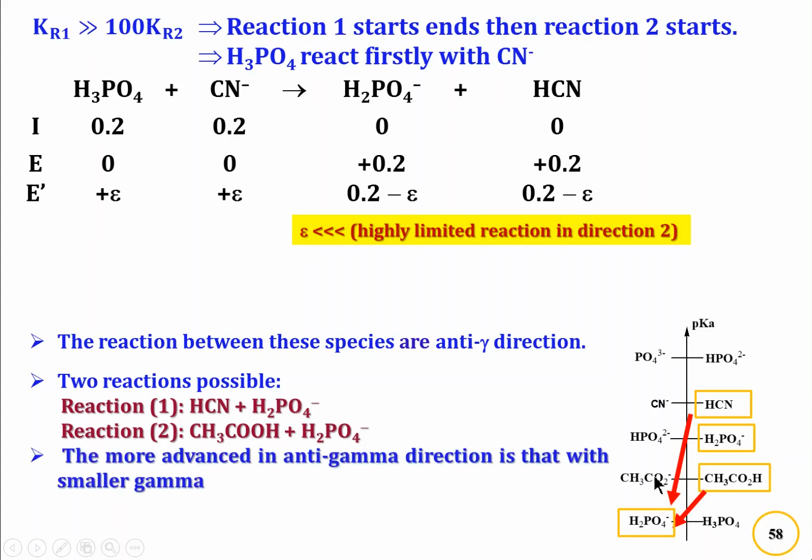We know when we have several reactions in the direction of gamma, the more advanced is that with the greater K. But in the anti-gamma direction, the more advanced is that with a smaller K. So we have to consider only the reaction between acetic acid and H2PO4-.